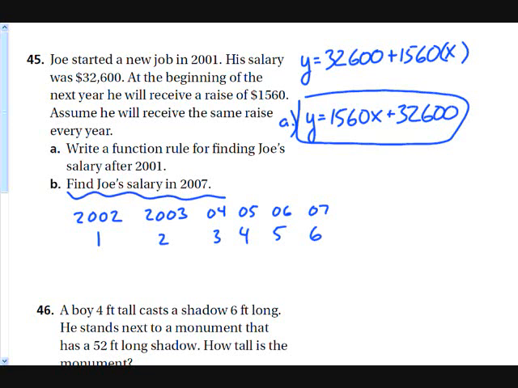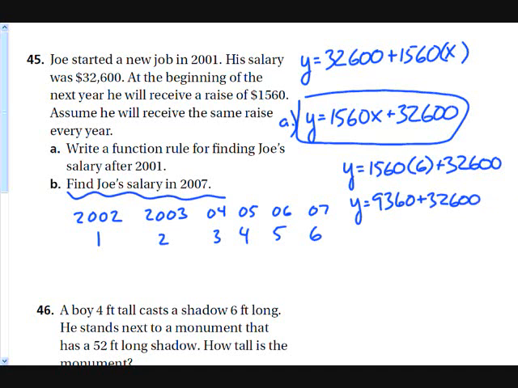So I'm going to do y equals 1,560 times 6 plus the 32,600. And I just have to plug this into my calculator. When I multiply times the 6, it gives me 9,360. And then we just have to add that to the salary that he started at, which was the 32,600.